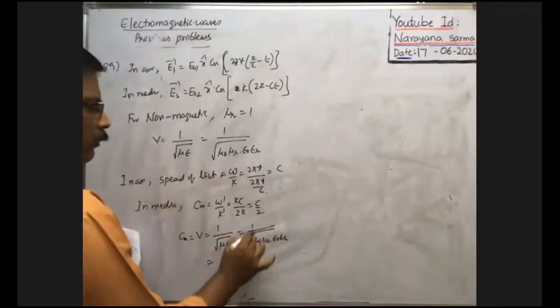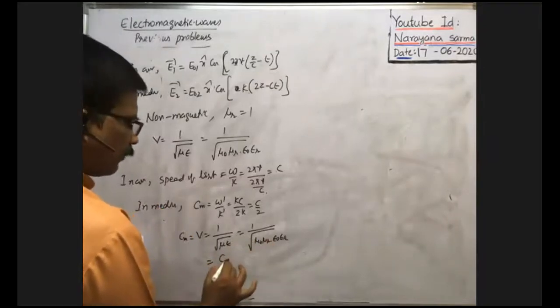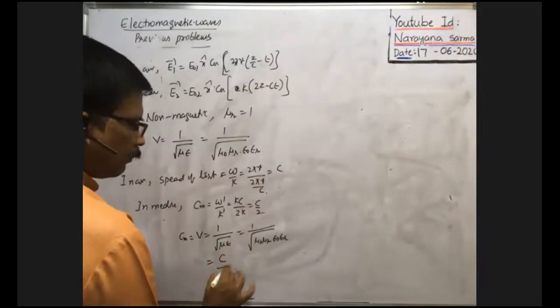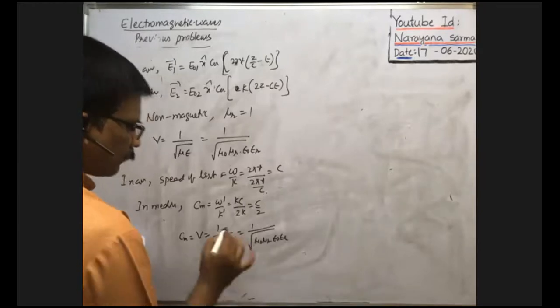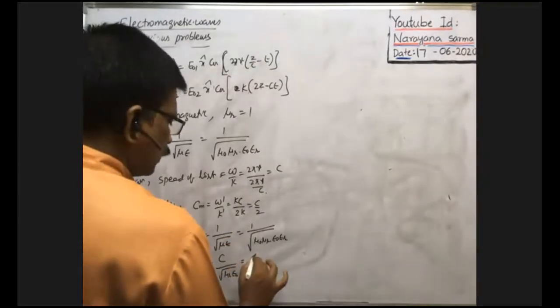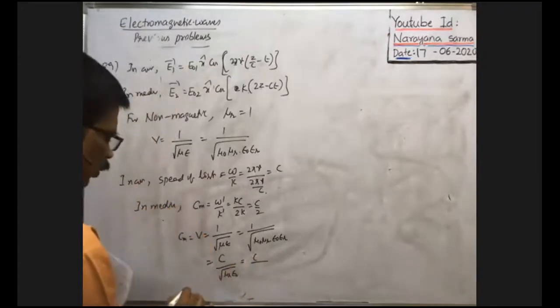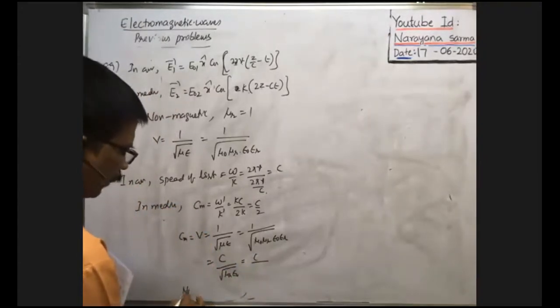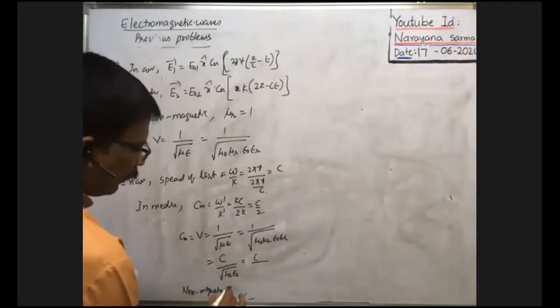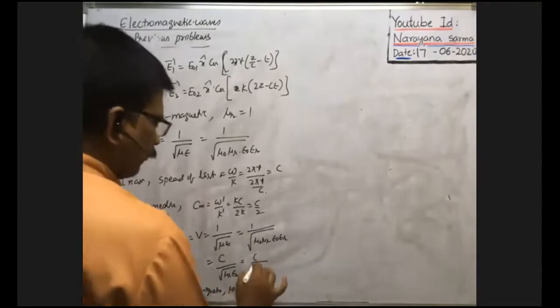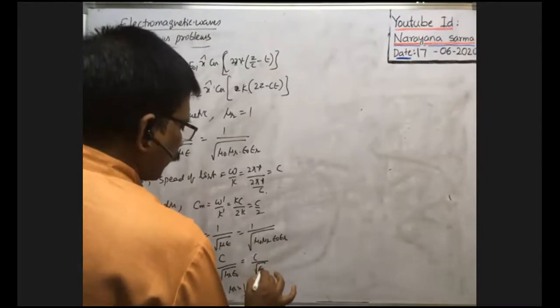Since 1 by root mu naught epsilon naught is the speed of light in air, this is c by root mu r epsilon r. For a non-magnetic medium, mu r is equal to 1, therefore it is c by root epsilon r.